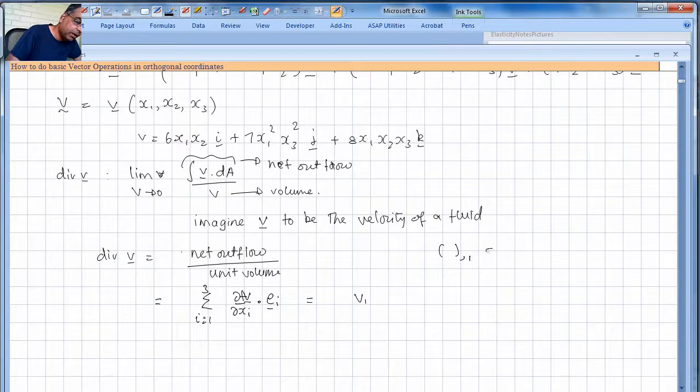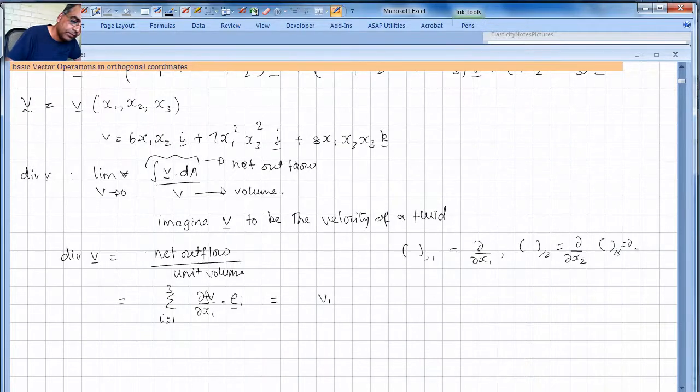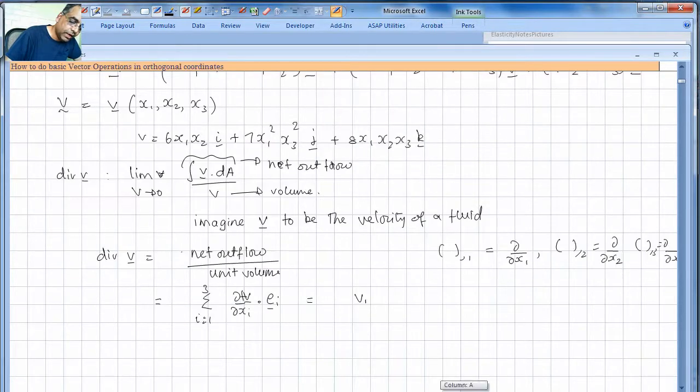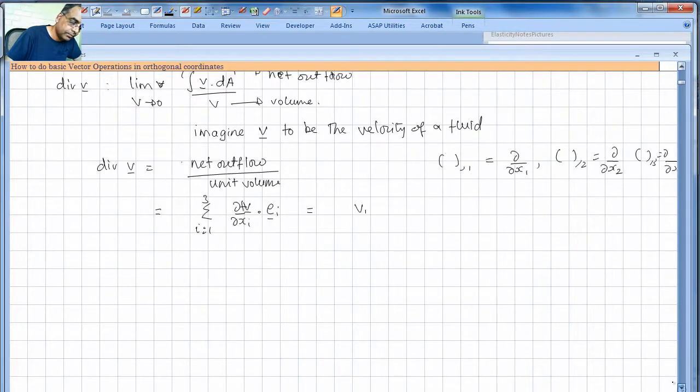If I put comma 1, that means d dx1. Something comma 2 means d dx2. Something comma 3 means d dx3. If you know that, that will help you. So it will turn out to be V1 comma 1 plus V2 comma 2 plus V3 comma 3.